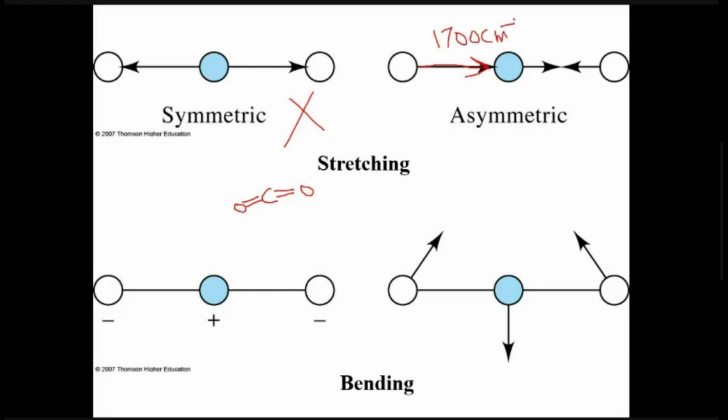But when it is stretching asymmetrically, this vibration adds the dipole moment change in the original vibration. So the overall effect, what you can see, is 2300. How much is the difference between 1700 and 2300? It is 600 centimeter inverse.